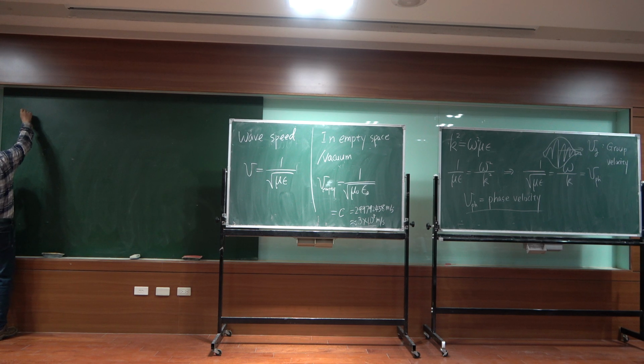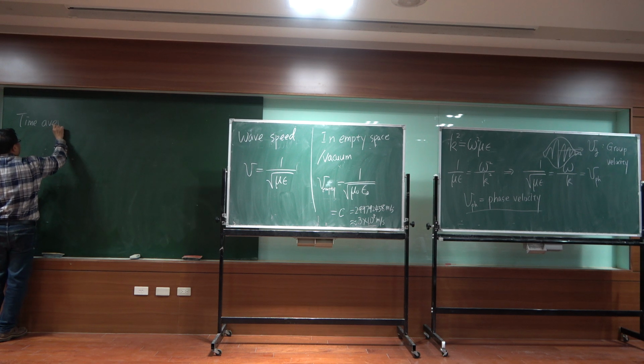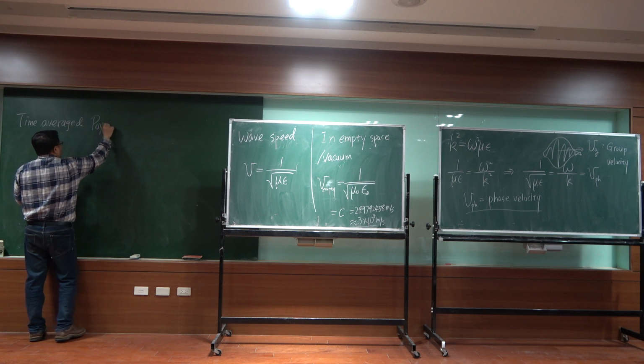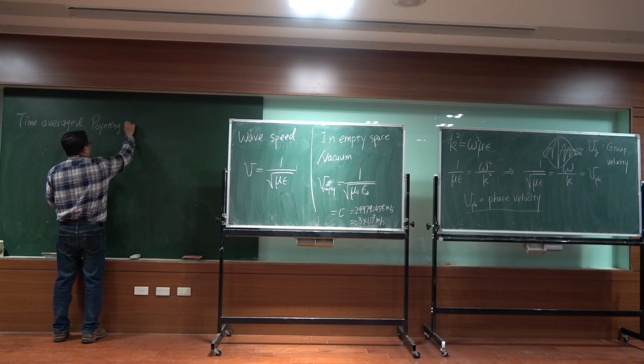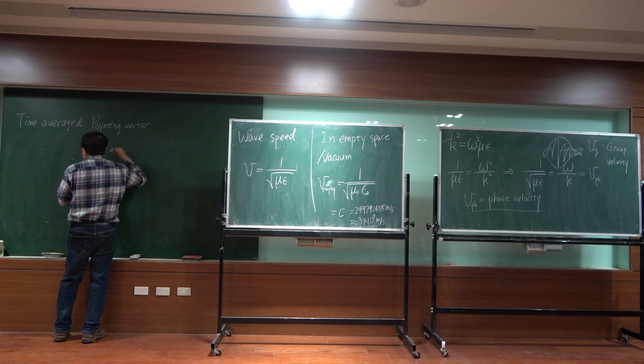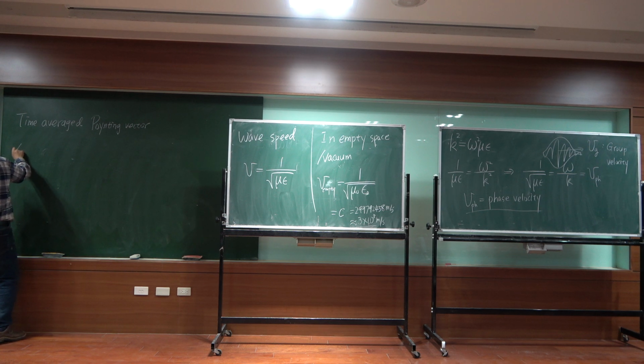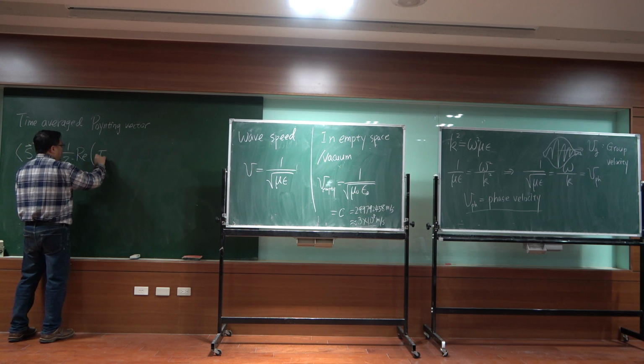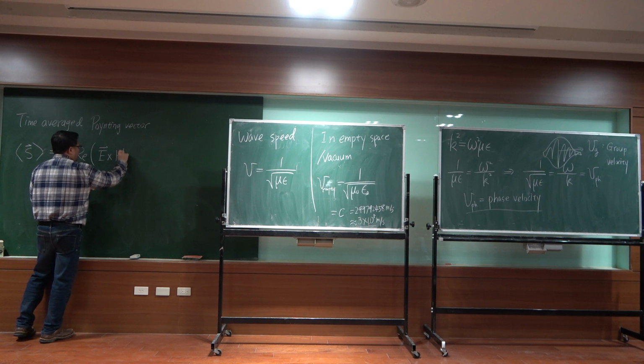Remember that we have the time averaged Poynting vector, which I denote as S. This is equal to 1/2 the real part of E cross H star.